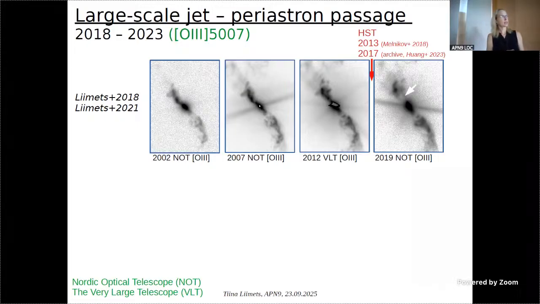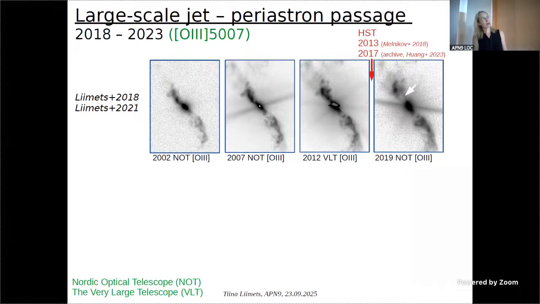And as we have been monitoring this jet for many years already, we noticed that by 2019, when the periastron passage in the light curve had already started, we saw a very big change here.